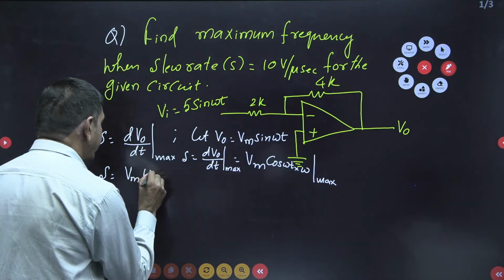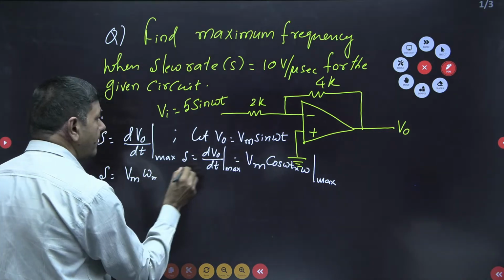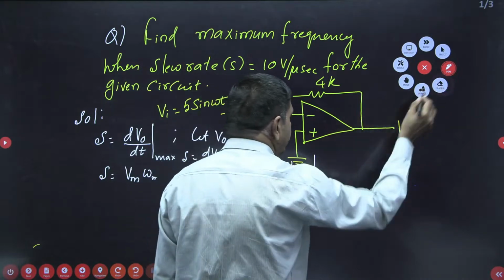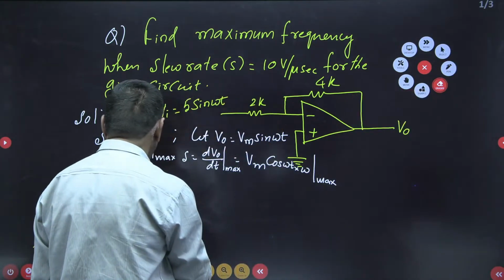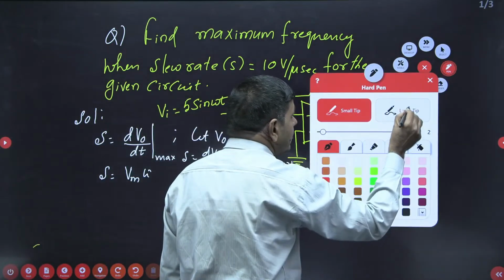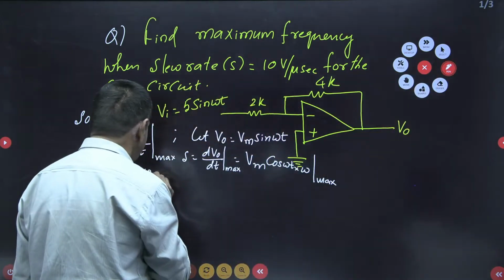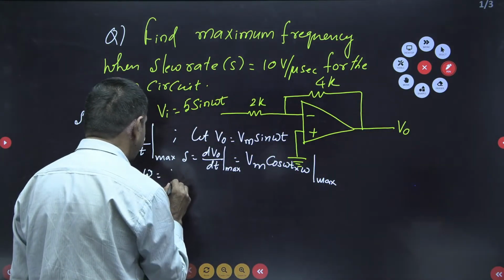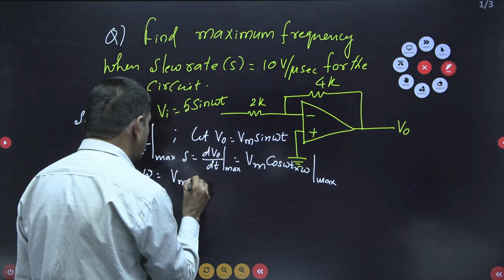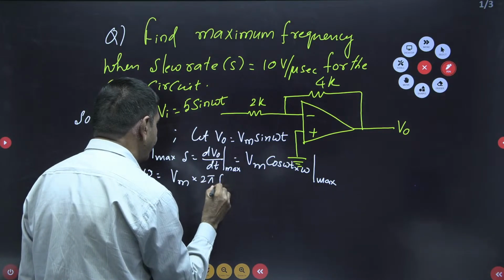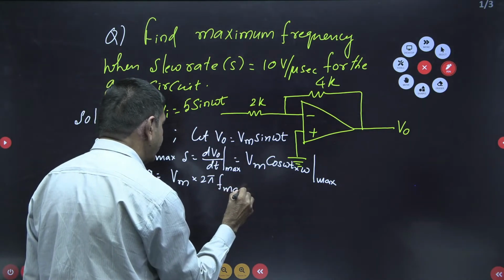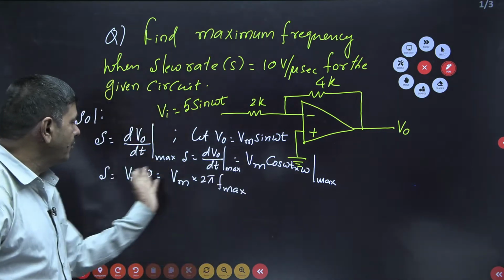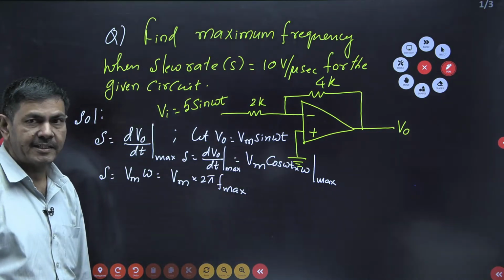Omega we know very well is 2 pi f. That frequency will be the maximum frequency only, because at maximum only we are finding now. Maximum frequency we can get now.